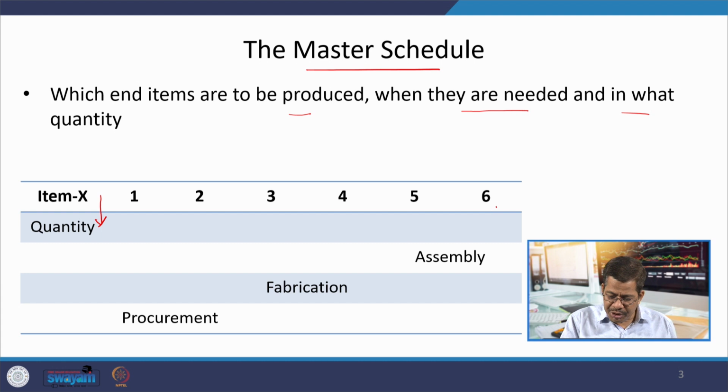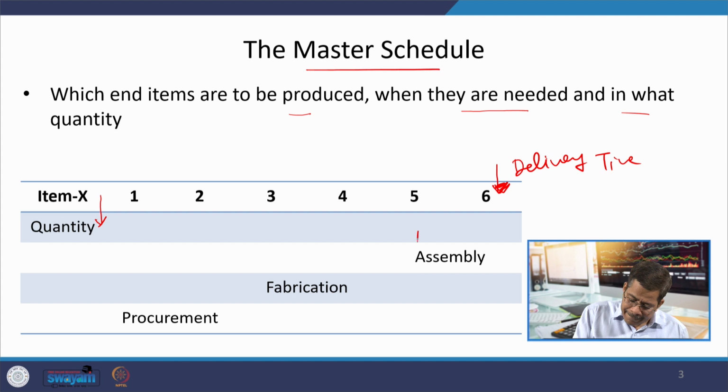If I am going to deliver in period number 6, this is the delivery time. Assembly starting, start of assembly is happening in the 5th period. To start the assembly in the 5th period, the fabrication is starting in the 3rd period and ends in the 4th period, so that in the 5th period assembly can start.